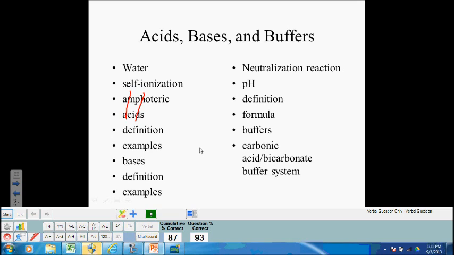Because what other organ is helping out with the pH thing? Your kidneys. And your kidneys are taking that extra H plus and dumping it out in the urine, right? Which means what about your urine if it's got a lot of extra H plus in it? It's acidic. And as it comes out, it will burn. Not a good thing, right? So that's what buffers are. Chemical systems that help to keep pH constant.